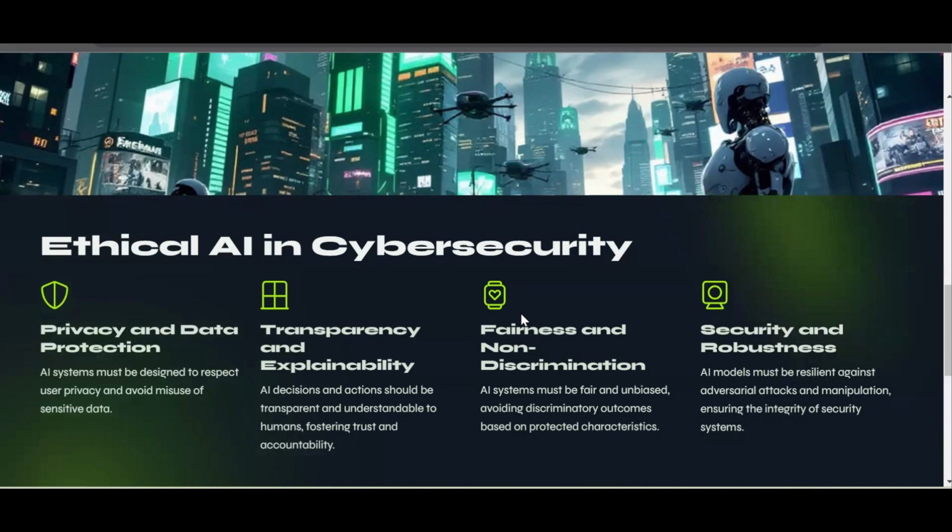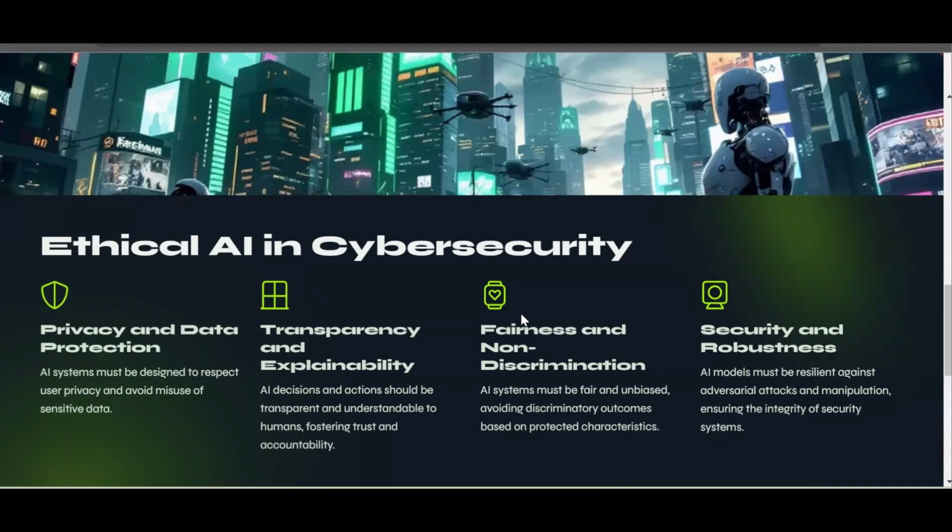Whatever it's doing, it's visible, crystal clear, no doubts. AI decisions and actions should be transparent and understandable to humans, fostering trust and accountability. If a human is doing the same job, obviously that is accountable. How would you bring AI into accountability? You should design the systems within the same constraints so that it is held accountable, and it should be understandable to humans.